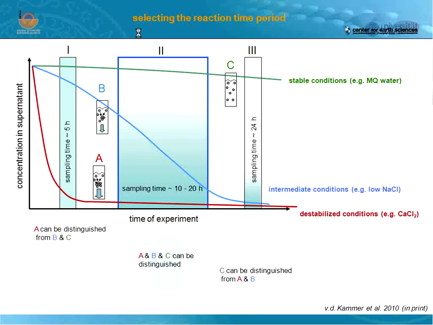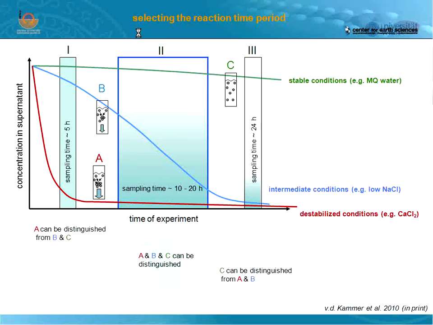So the concentration in our supernatant will, for stable conditions, be like this, and for unstable conditions like this. And in between, we have a lot of different situations where it is slightly destabilized, the aggregation is proceeding slowly forward, and this is then represented by this curve here in the middle.